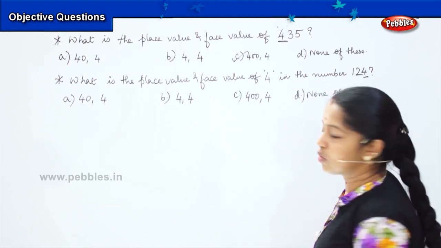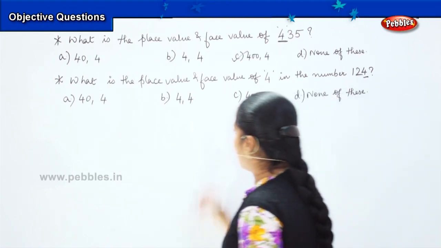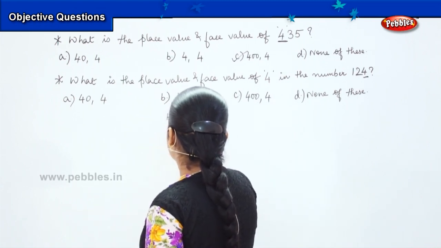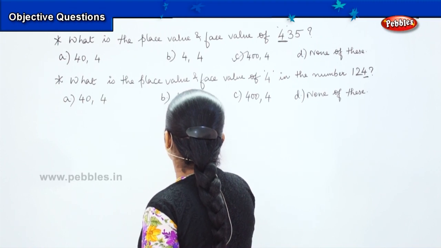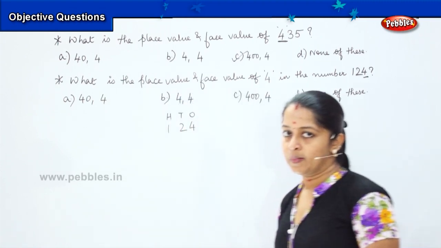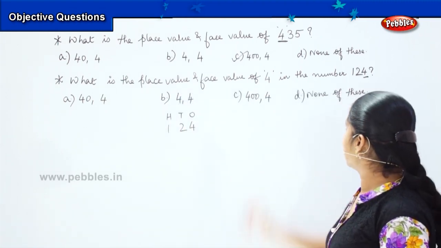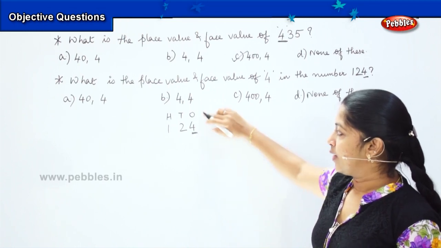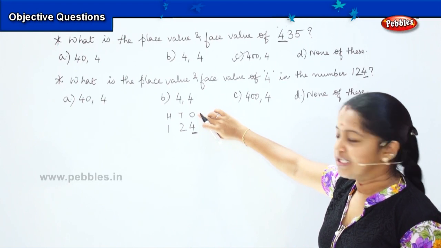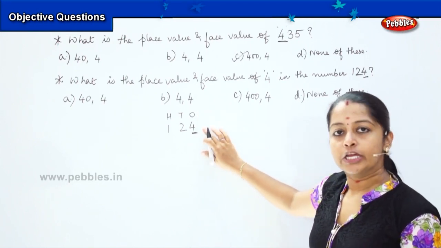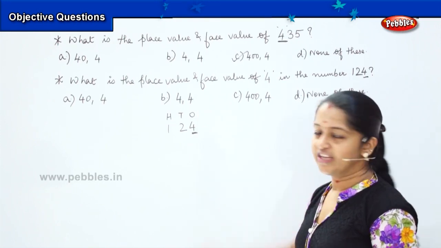Okay, so what is the first step? We need to segregate it in the column HTO and we will write the number in their respective column. What is the digit which we have to find out? It is number 4. And where is it seated? It is under ones. So my place value will be 4. And what about the face value?